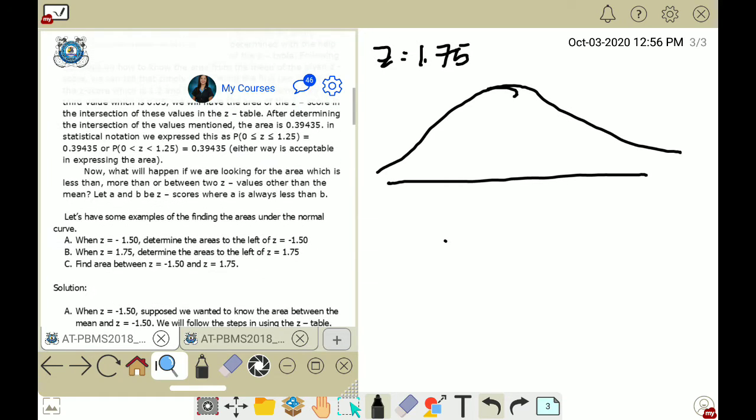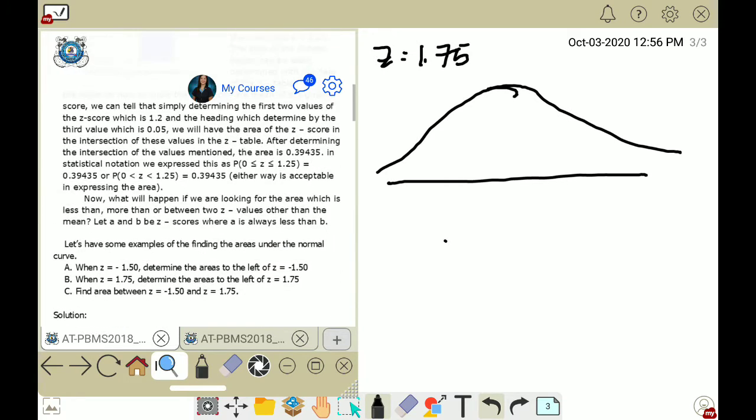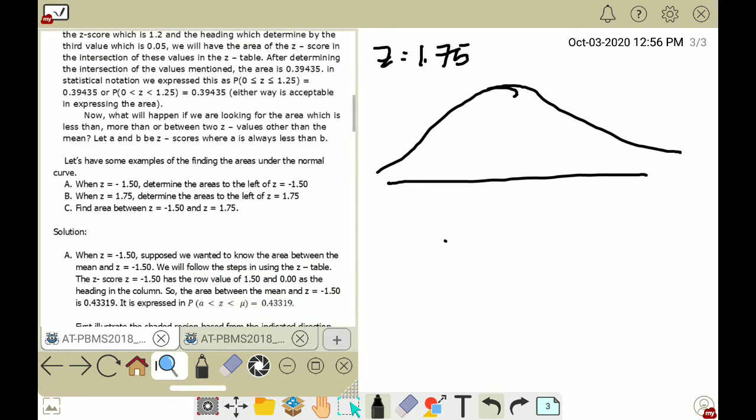Let's check this one. To the left of 1.75. So still normal curve 0, 1, 2, 3. Here 1, 2, 3, negative 1, negative 2, negative 3. Here 1, 2, 3.